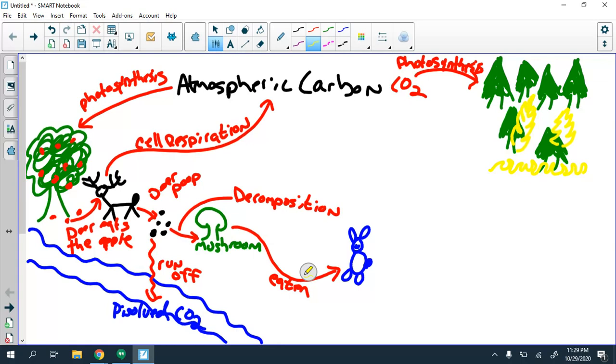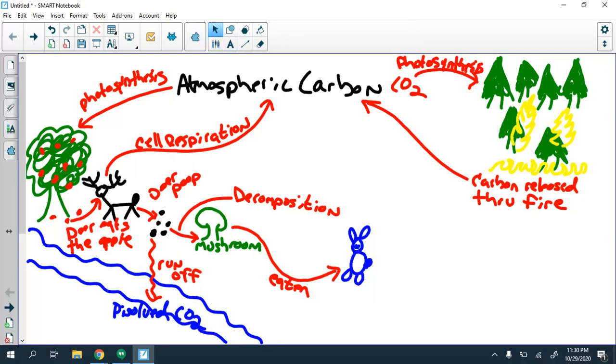So those trees are on fire. That just states that some of that carbon was released through fire. So as those trees burn, that carbon is going to make its way back into the atmosphere. We're now back to atmospheric CO2.